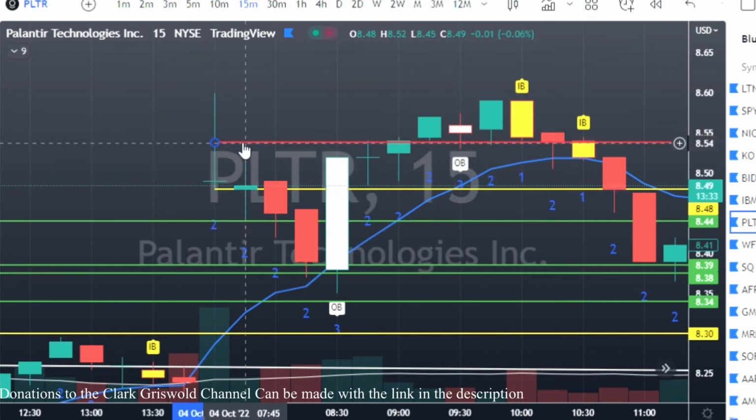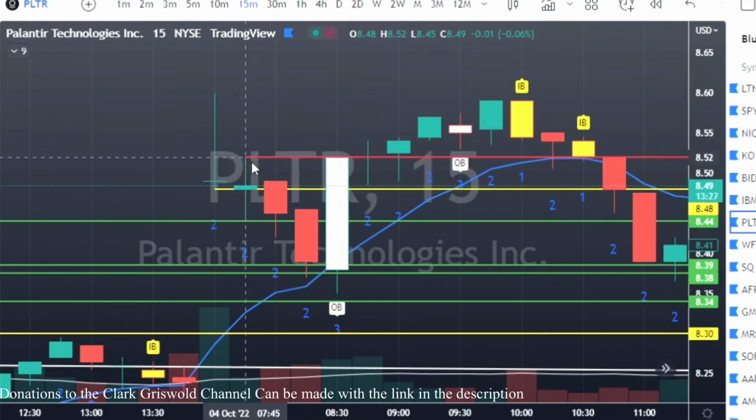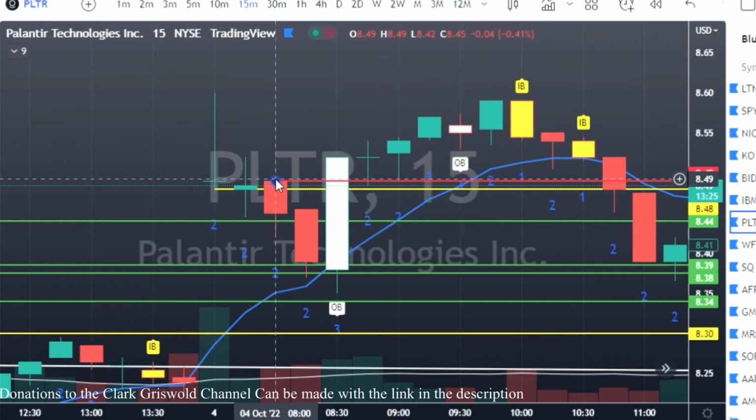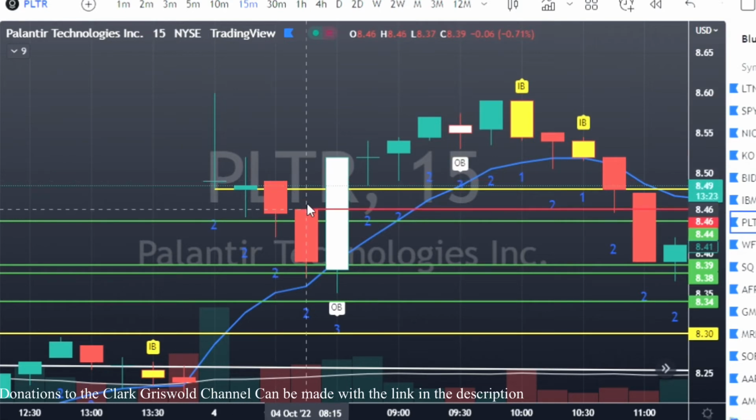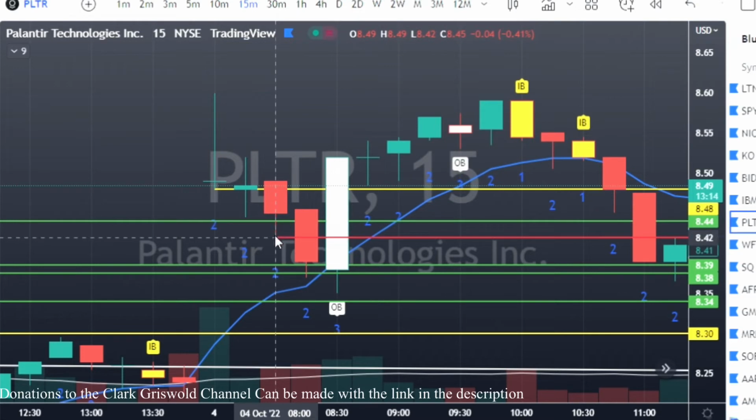Where do we trigger from? 848. So now this green candle closes and we put our stop loss there. But we've gone through the target. So again, even on this candle here, you could have put your stop loss at that target.